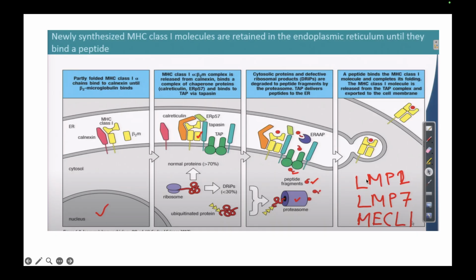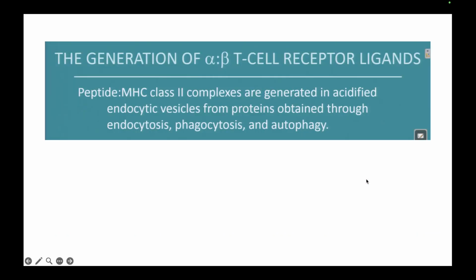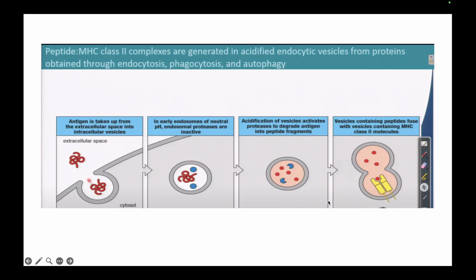For MHC class 2, they take up exogenous pathogen peptides by endocytosis, phagocytosis or autophagy, degrade them and present them on the surface with the help of MHC 2. So this is the extracellular, exogenous antigen.